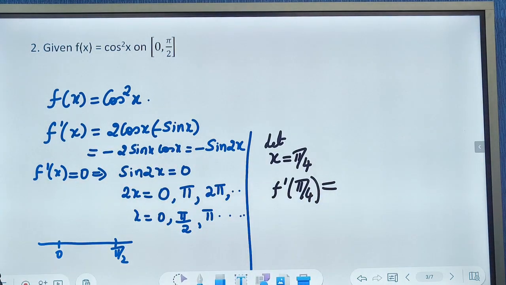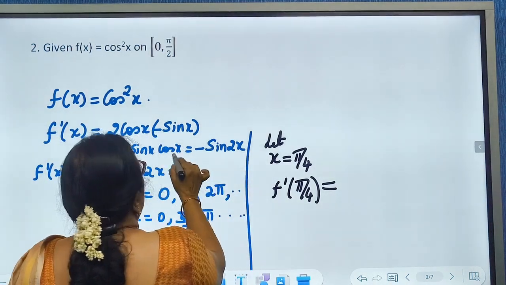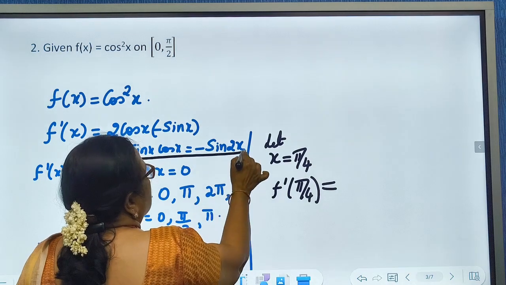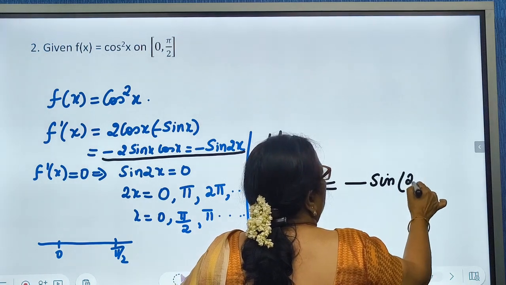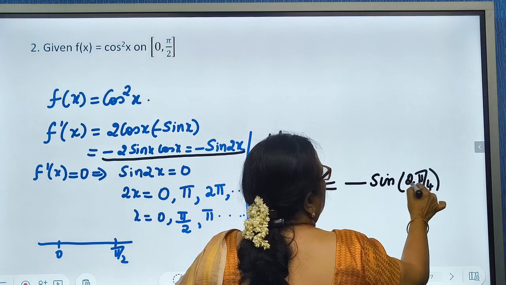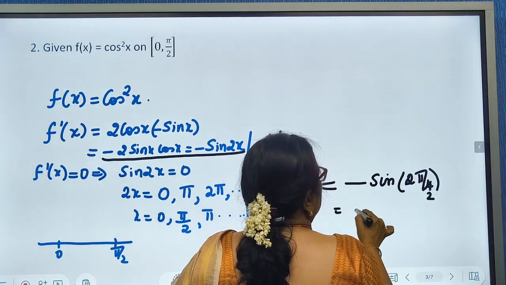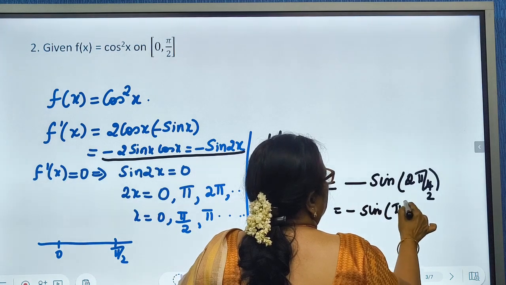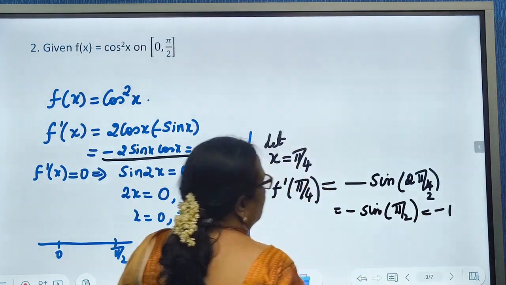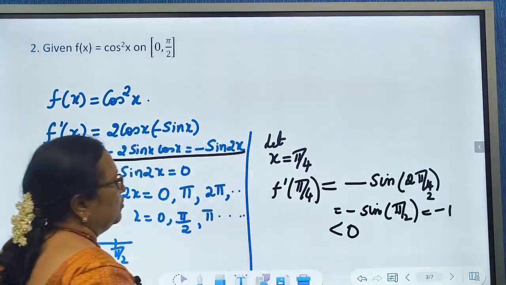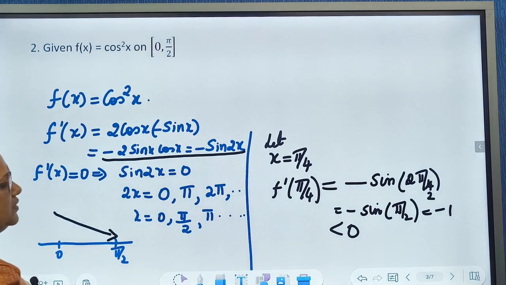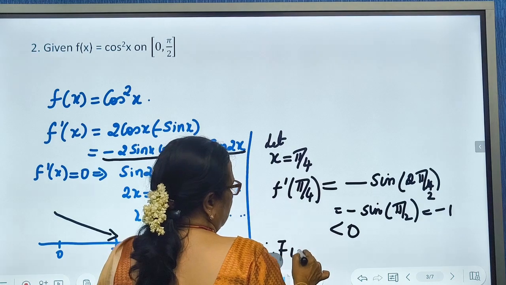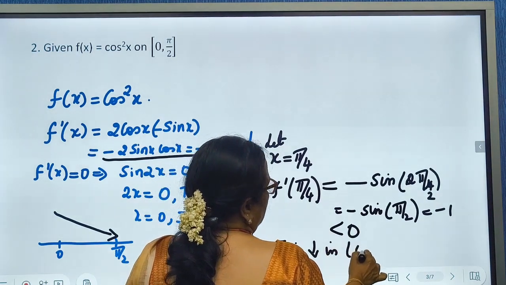This is your f dash of x: minus sin of 2x, with 2 into pi by 4, which is minus sin pi by 2, which is minus 1, which is less than 0. If it is less than 0, what can you say about f of x? It is decreasing. Therefore, f is decreasing in 0 to pi by 2.